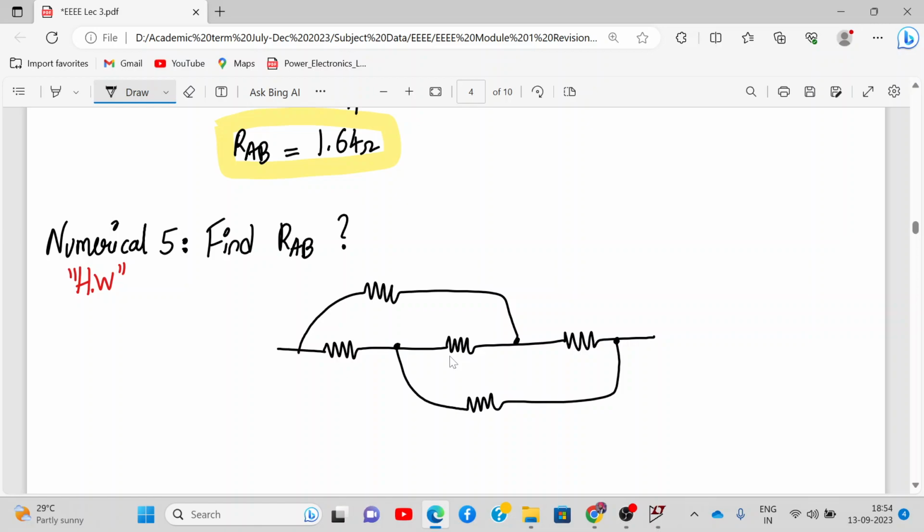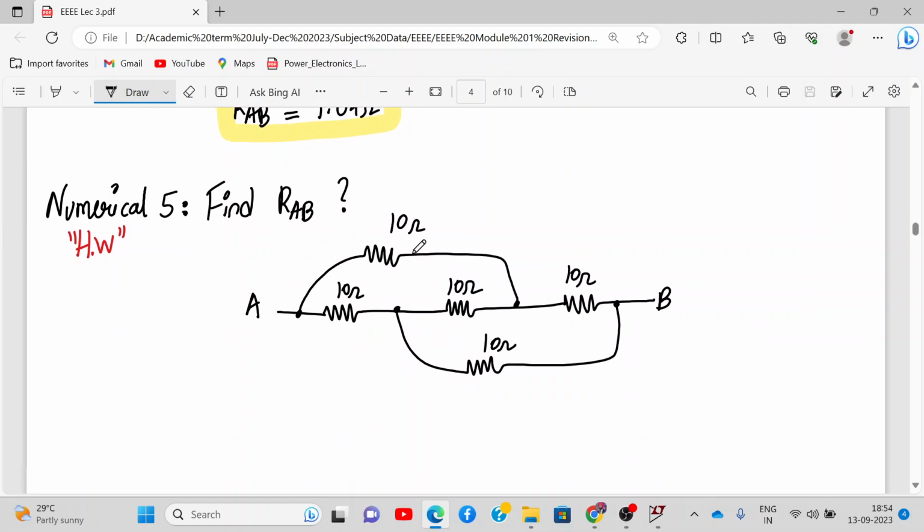This is my network. These are points A and B, and all the values of resistance are 10 ohm. So work it out at home and calculate the equivalent resistance between points A and B. You can use the concepts which we have done before in this lecture.